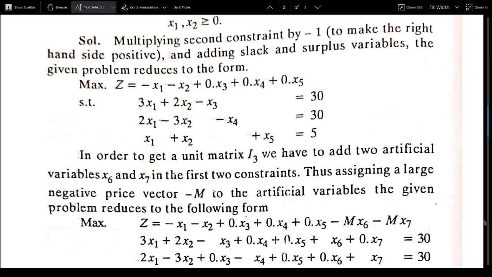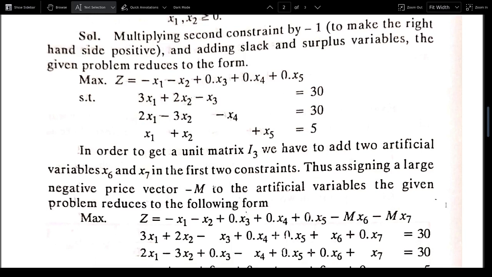In the solution, it is written: multiplying the second constraint by -1 to make the right hand side positive and adding slack and surplus variables, the given problem reduces to the form. The first constraint will be 3x1 plus twice x2 minus x3 equal to 30.